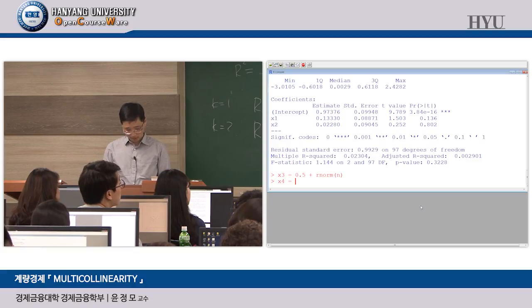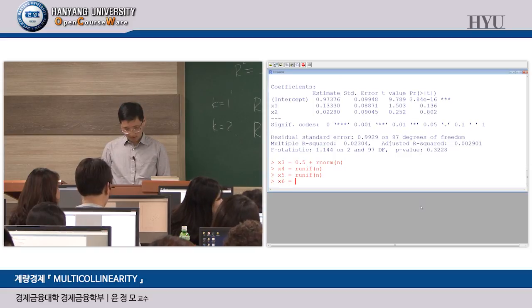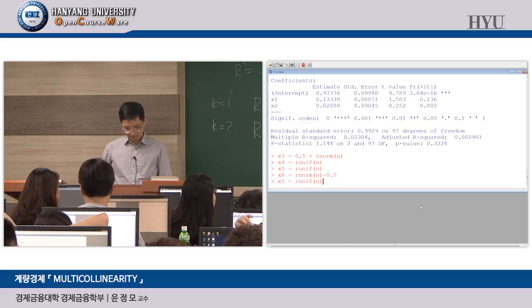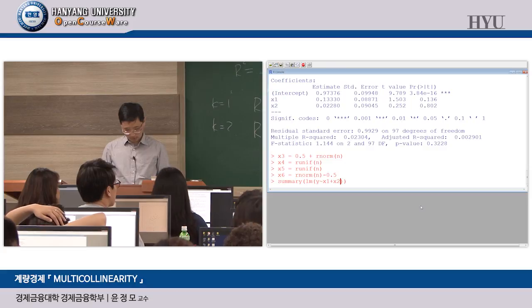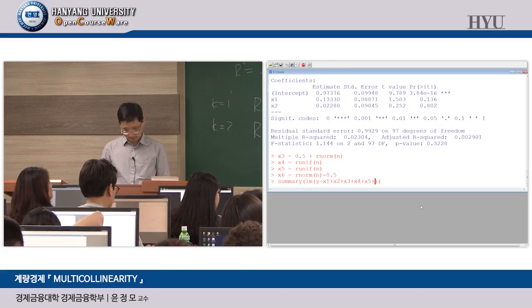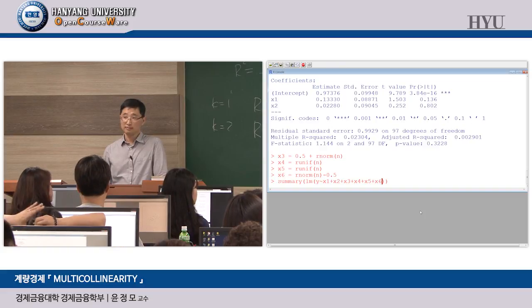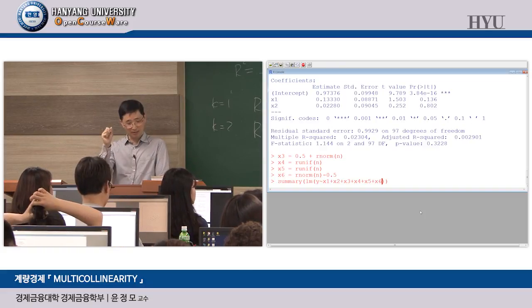And my x4 has another random variable from uniform. I have x5. Why not have x6? And then run the regression with all these additional random variables. So I have a case where k is equal to 6. Again, throwing in a lot of useless independent variables.